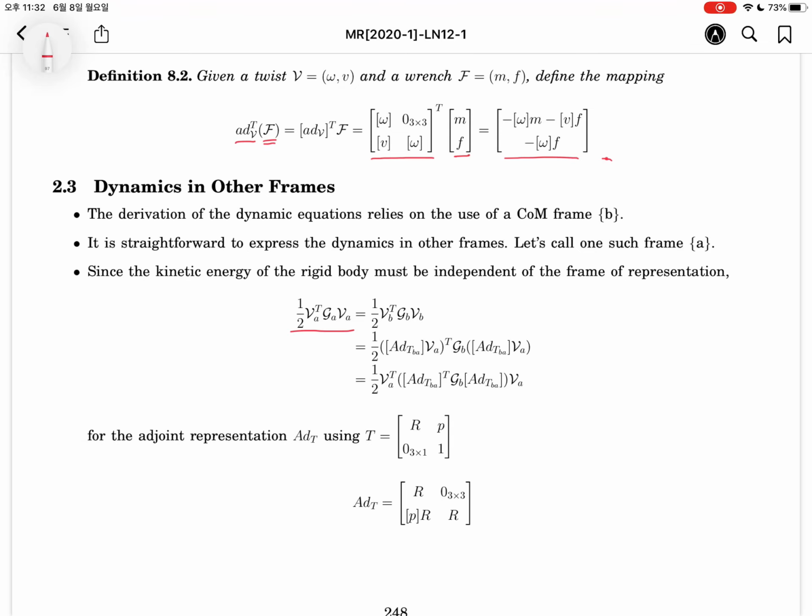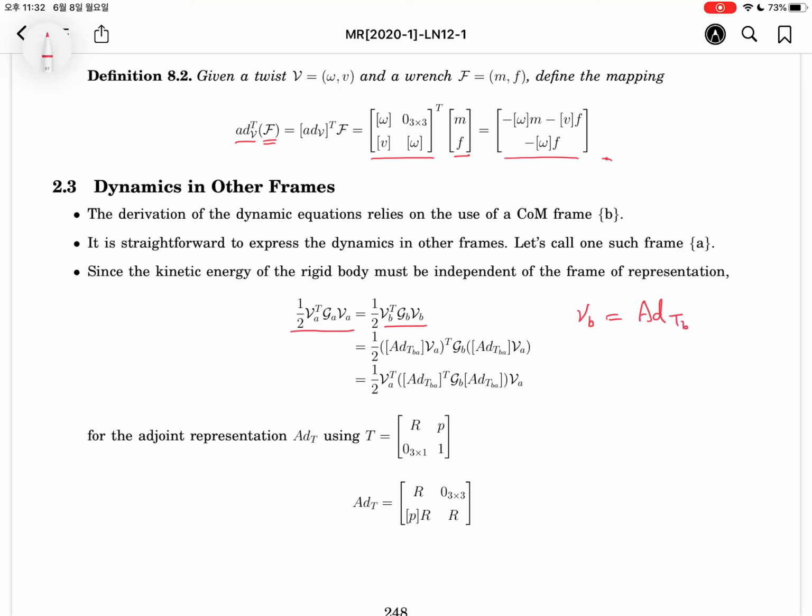Okay, it can be written in the other frame using B. Maybe you know that any twist can be transformed using the adjoint. We have learned it in chapter 3.